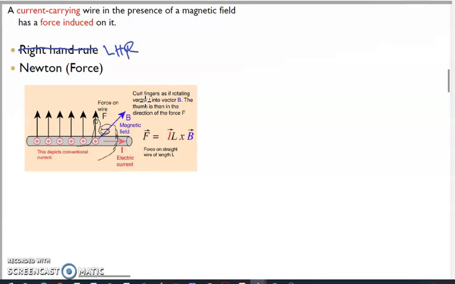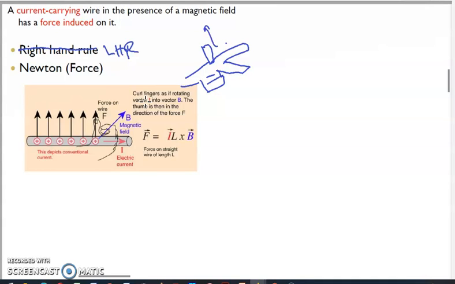because for this theory, a current carrying wire in the presence of a magnetic field has a force induced on it, so it should be the left hand rule. You see, with the left hand rule, this is your finger, this is your thumb.